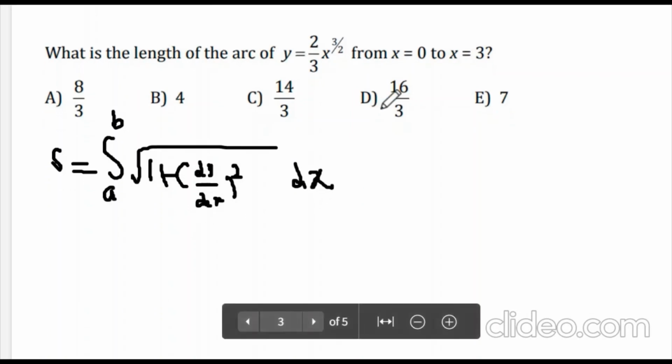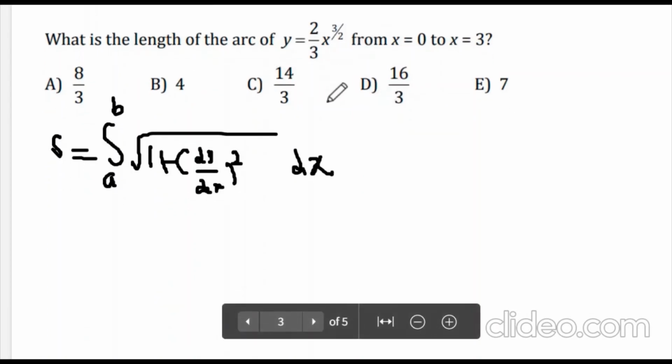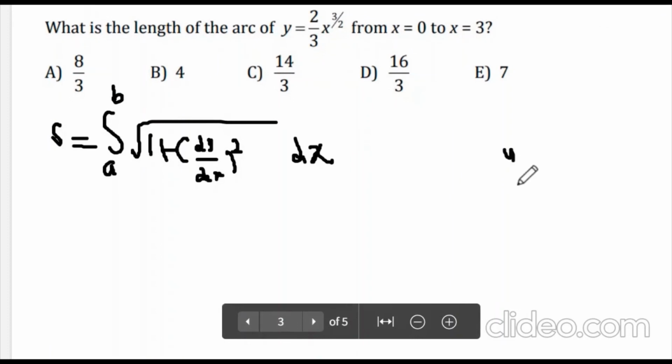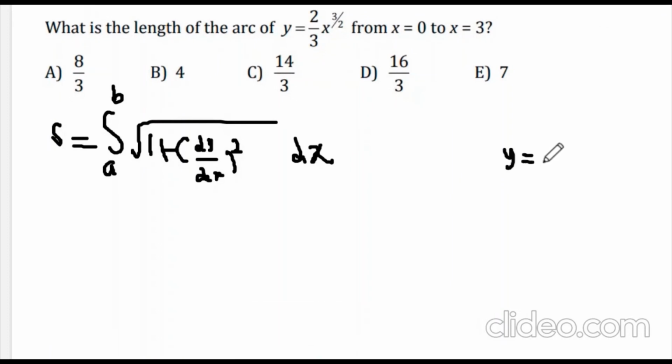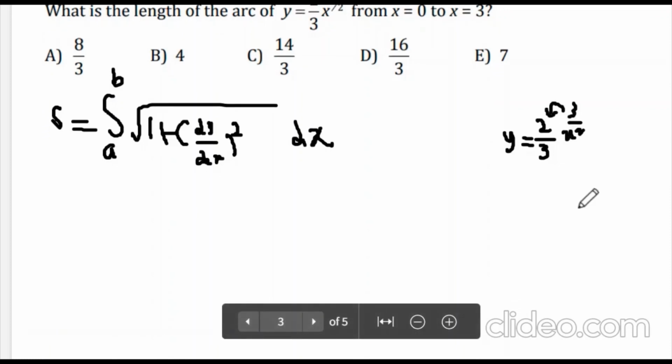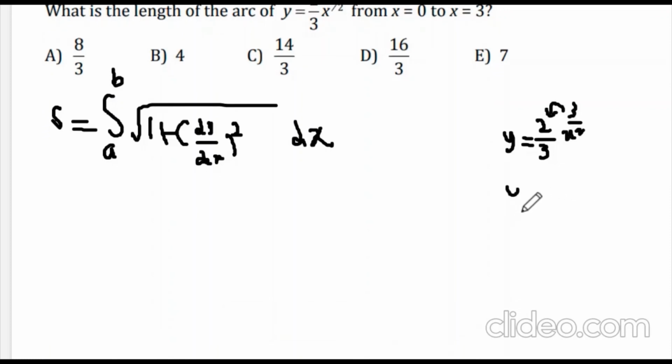Okay, so for now we're going to find the derivative. So y equals 2 over 3 x to the power of 3 over 2. Multiplying 3 over 2 with 2 over 3 gives us 1, so we don't need to write it. I'm just going to write x, then 3 over 2 minus 1, which gives us half.